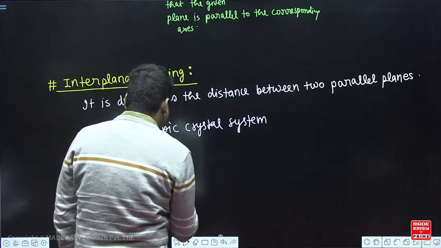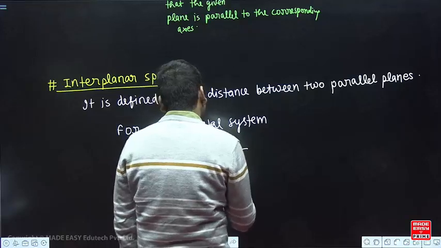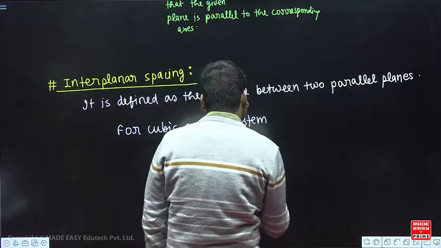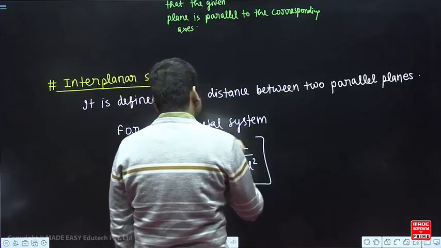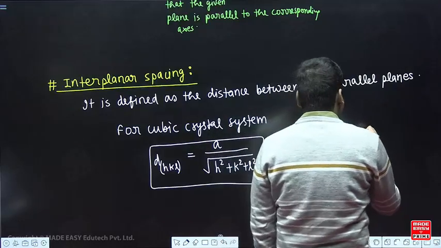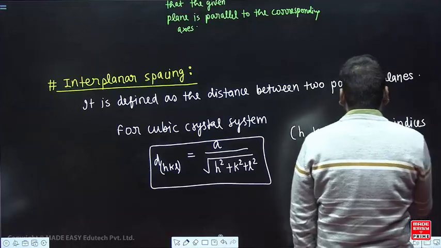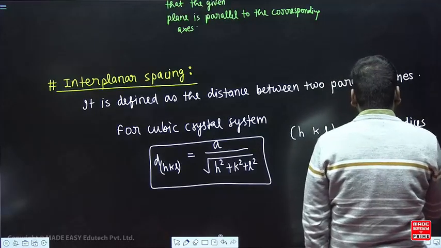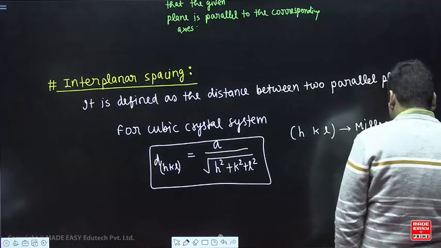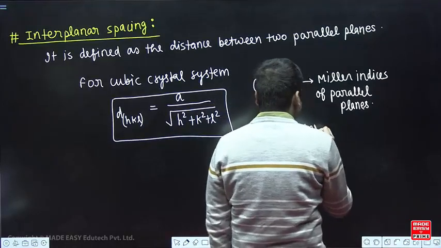Let us suppose the planes are h k l, their Miller indices. So d is equal to a upon under root h square plus k square plus l square. Here h k l are the Miller indices of the parallel planes. As we know that for all the parallel planes, the Miller indices will be the same. Then a is the unit cell edge length.